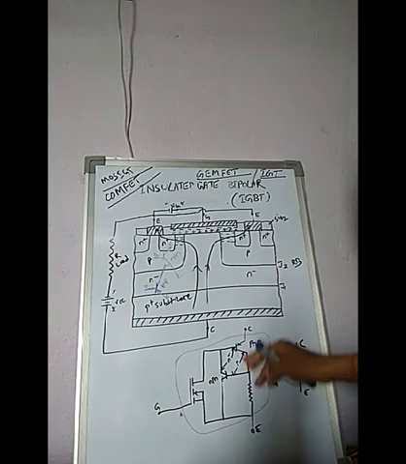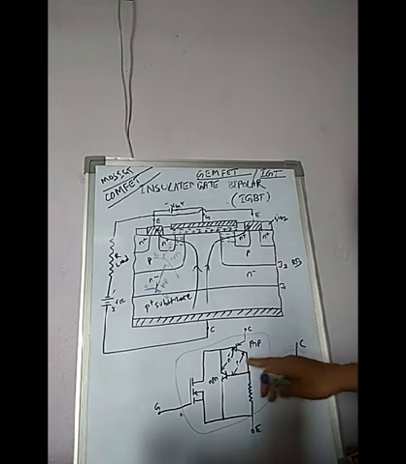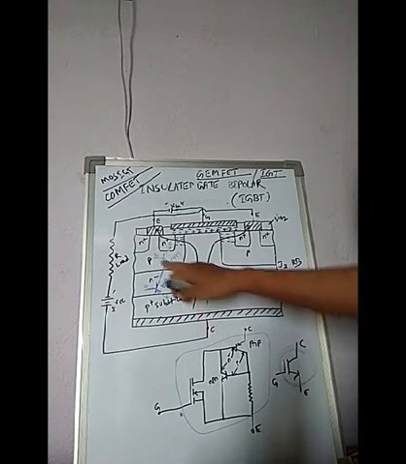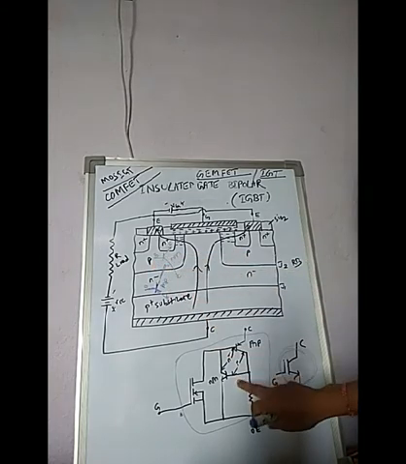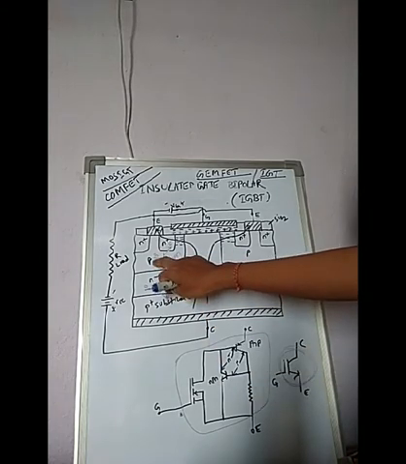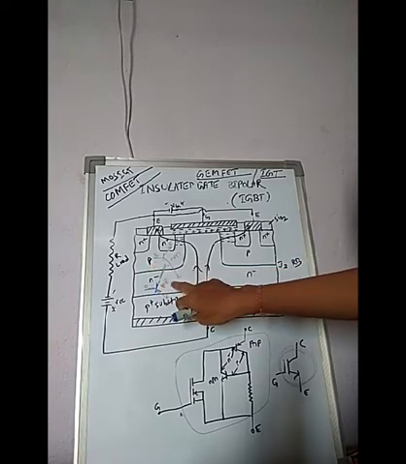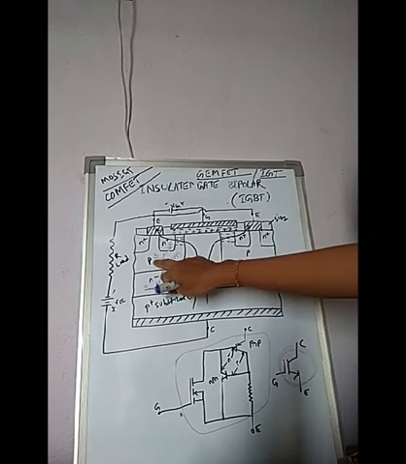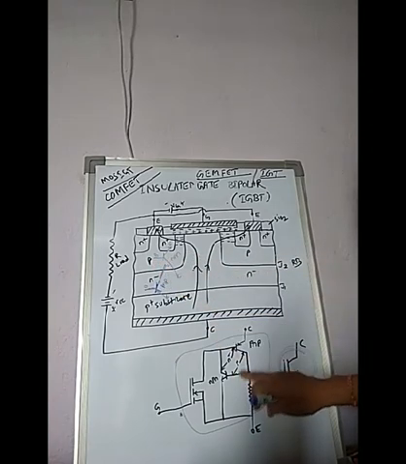So from the collector, this P is this P region. This P serves as collector for the PNP and base for the NPN.